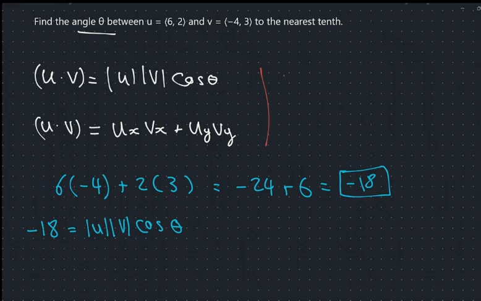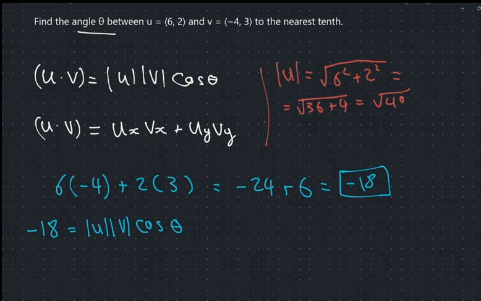So to find the magnitude of u, we will have to find the hypotenuse using the Pythagorean theorem. We know we have 6, we have 2, so we can just do 6 squared plus 2 squared, right? And what will we get? 6 squared is just 36 plus 4, so the answer is square root of 40. Now let's find it for v.